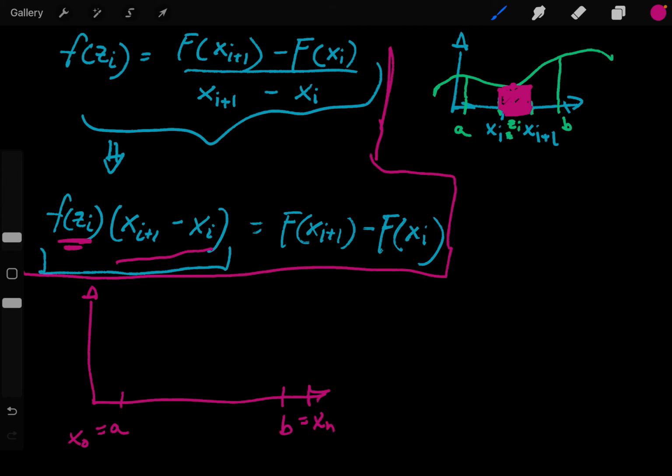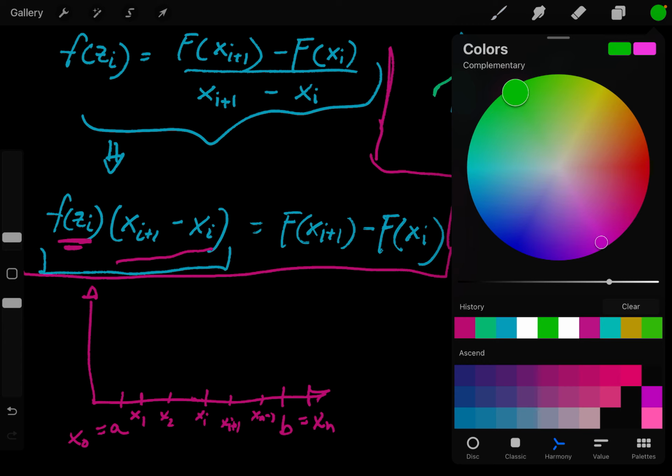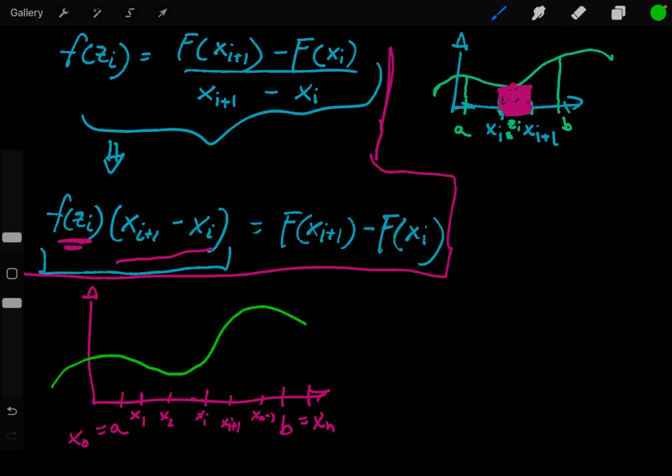What I basically want to illustrate is that there are two ways we could start summing our rectangles to get our area, right? We could take the lowest value in any partition. So let's say here's x1, x2, and then I'm going to go somewhere to x_i+1, and then somewhere over here, x_n-1, whatever. It's going to look like this, and then I'm going to have my function going across this whole thing. Let's make it look something like that.